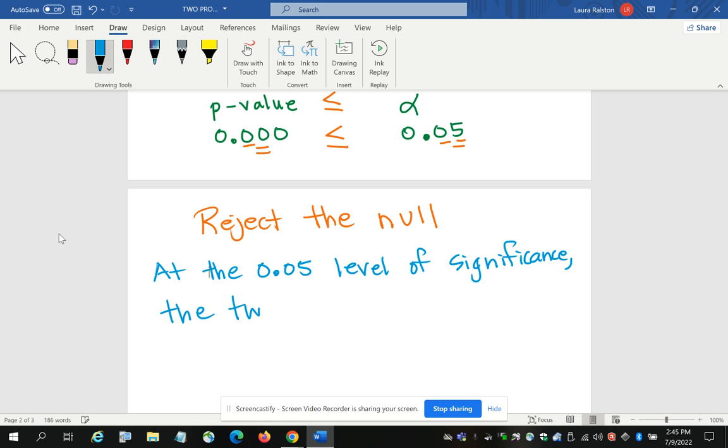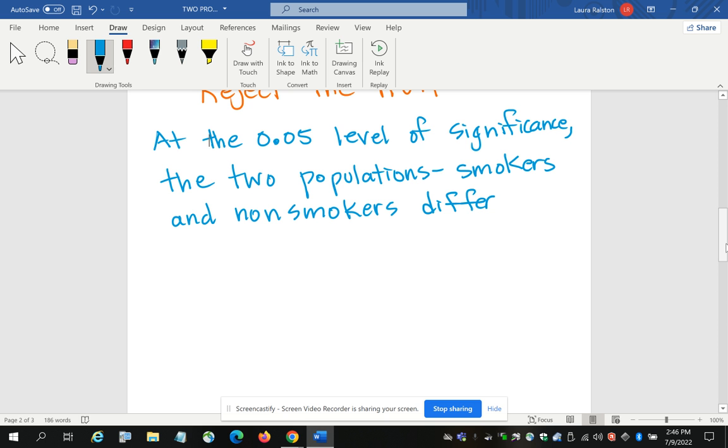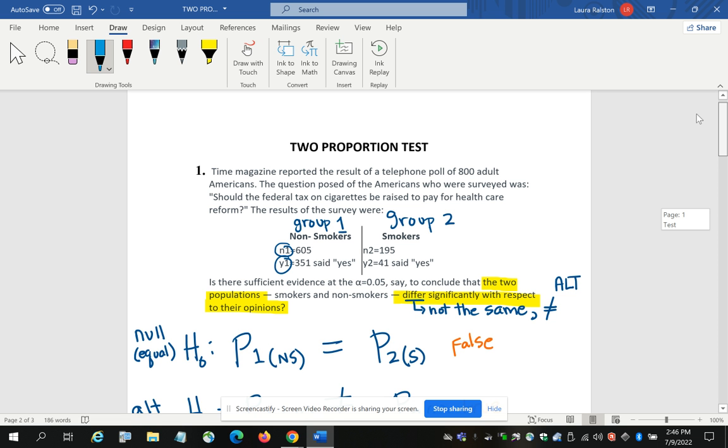the two populations, smokers and non-smokers, differ significantly in their opinion or opinions as to whether the federal tax should be raised on cigarettes to pay for health care reform.